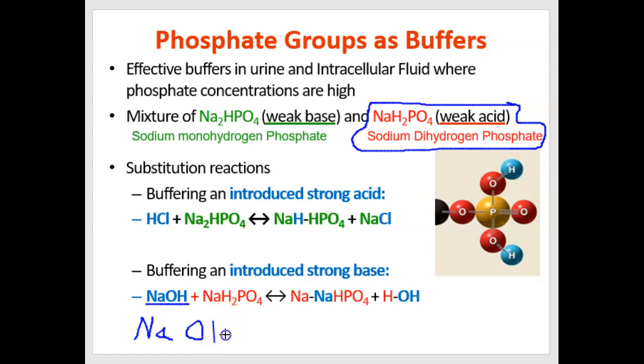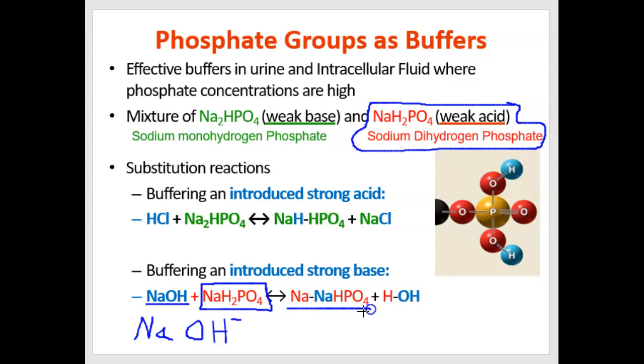Those are anions. So that's the base that's been introduced. What we already have in the fluid is this sodium dihydrogen phosphate. And it will take up another sodium. But in the process, it loses a hydrogen.